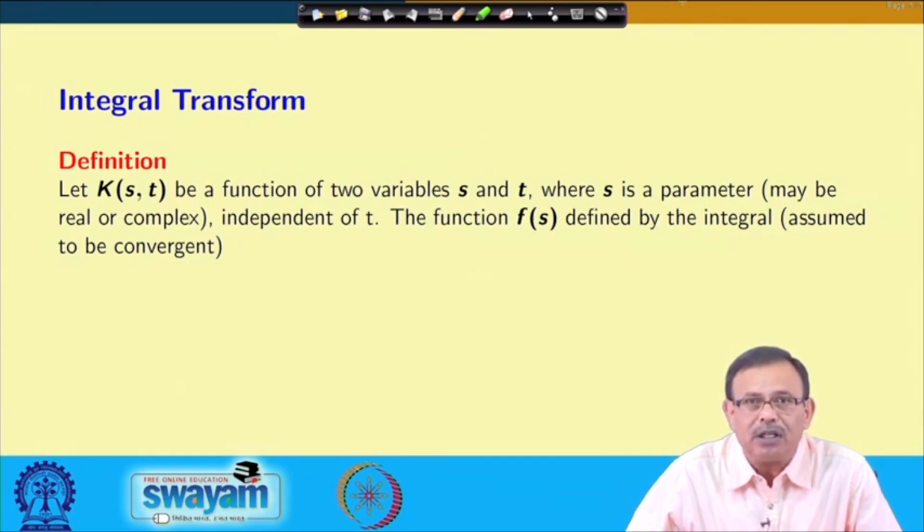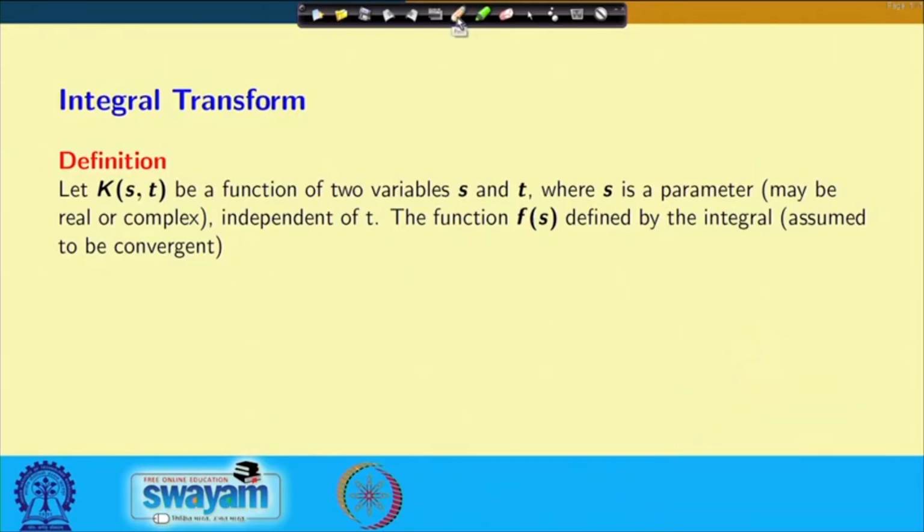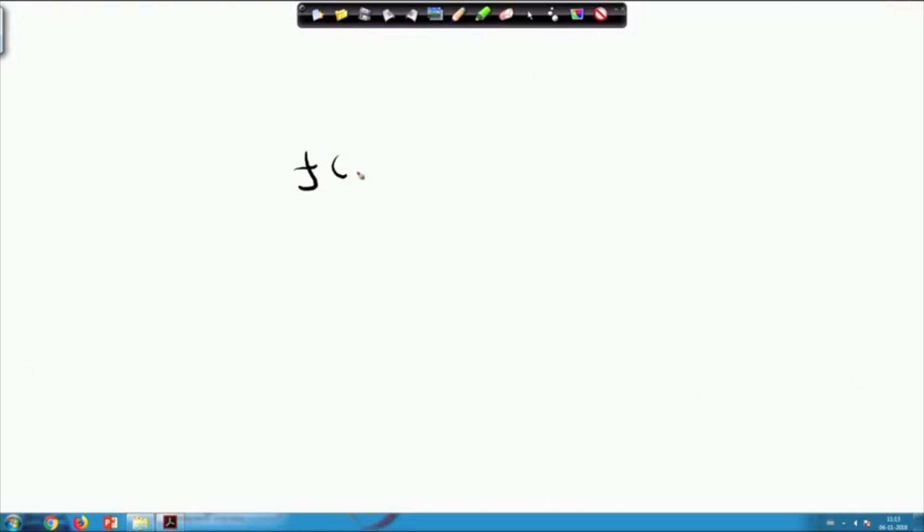So we are taking a function K(s,t) of two variables, where s is a parameter which may be real or complex and independent of t. The function F(s) can be defined by the integral like this: F(s) equals the integral from minus infinity to infinity of K(s,t) f(t) dt.